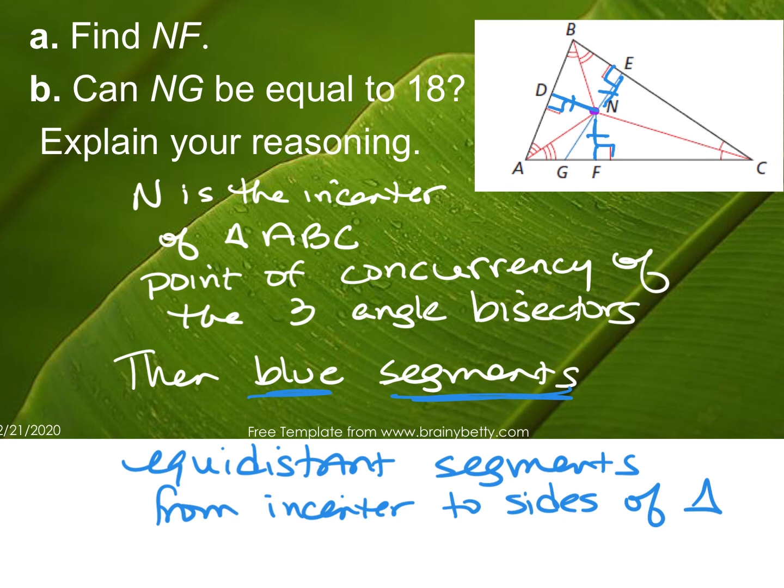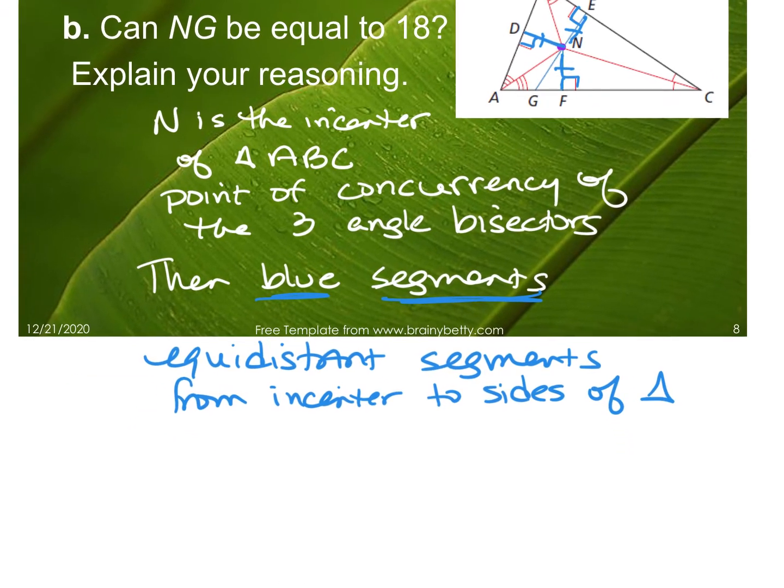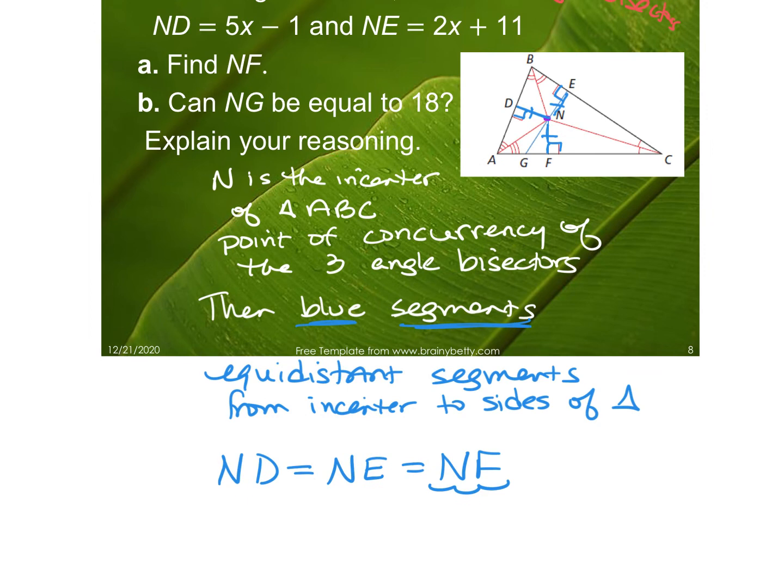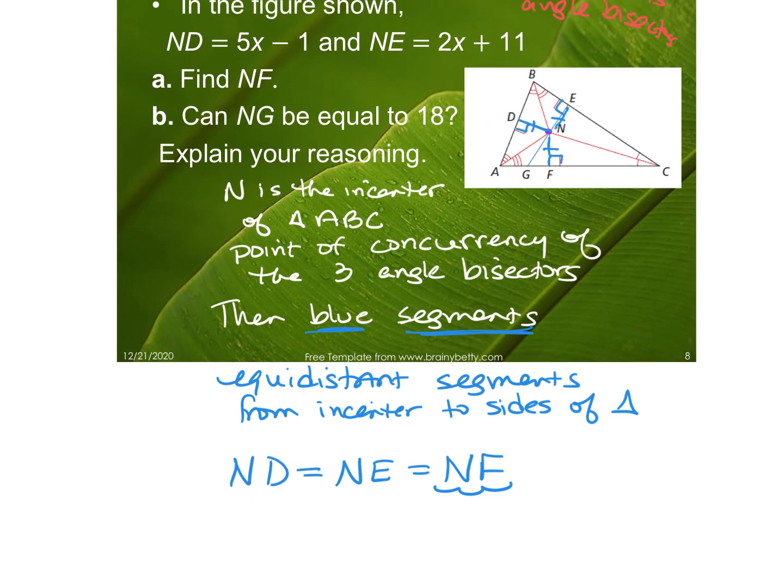Now to find NF, since I've added those congruency marks, I know that ND is equal to NE, which is also equal to NF, which is what it's asking me to find. But in the problem, they only gave me information about ND and NE. So I'll use that to find x, and then plug it in to find NF.